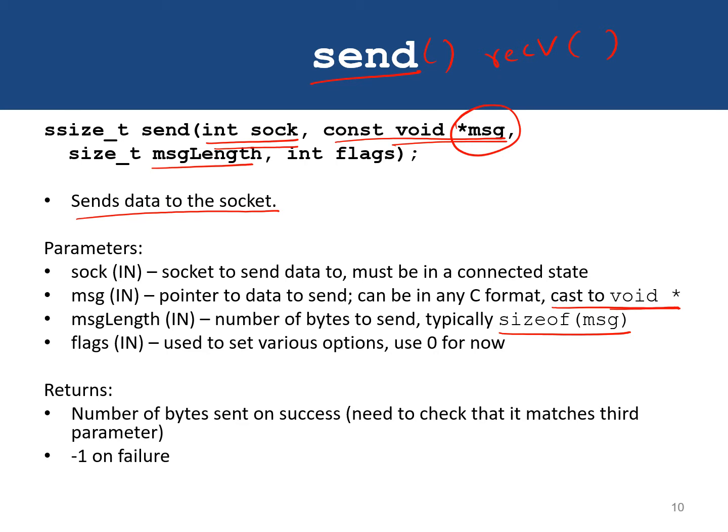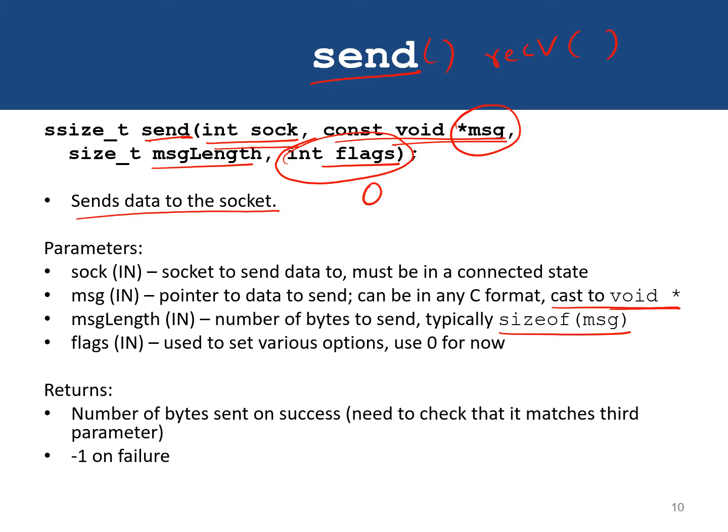And finally, we have the flags parameter that can be used for setting various options. Note that the only difference between the send function and the write function is the presence of this flags parameter. If you don't want to specify any special options, you can simply specify 0 for the flags.